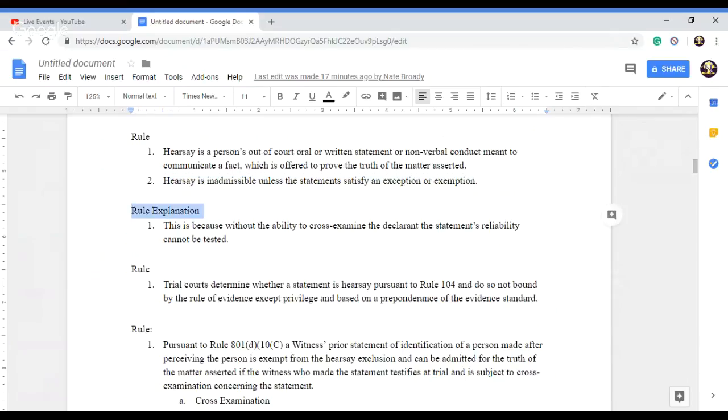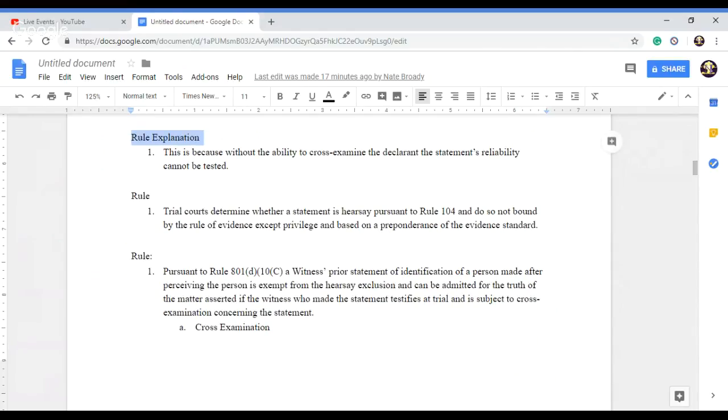Now here's the rule explanation. This is because without the ability to cross-examine the declarant, the statement's reliability cannot be tested. So we have the rule, and we have the rule explanation of policy and why we exclude hearsay. Now, we have another rule, a separate rule.